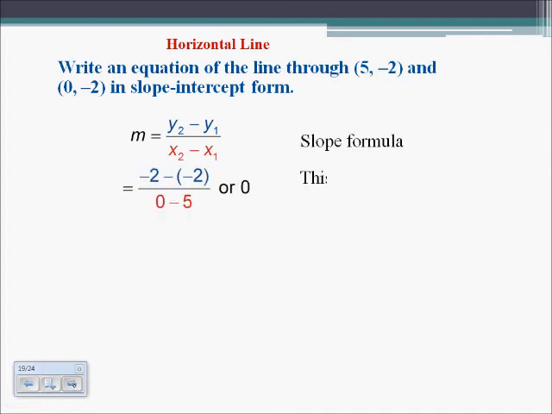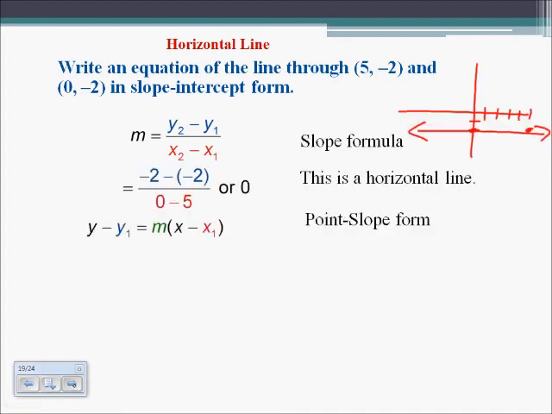We want to write an equation in slope-intercept form with that. So we'd solve using the slope formula and find out that it's 0. Once you have the slope being 0, we can go ahead and plug it in just like we've done before, using either of the 2 points. So we're plugging in (5, -2) with our slope 0. Solving then, we know what's going to happen to the right side: it's going to be 0 times the right side, which is just 0.